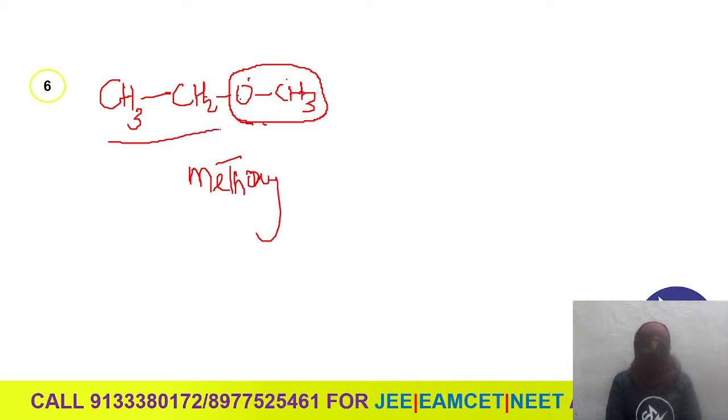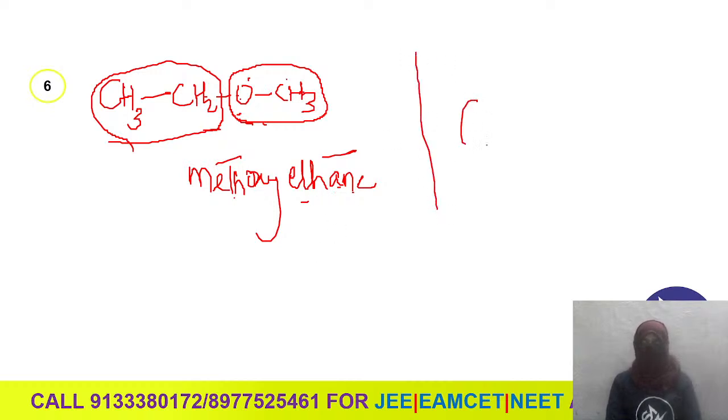Now the carbon chain which is longest, write it in the form of an alkane. How many carbons are there? 2. Eth, single bond, ethane. Hence the name of the compound is methoxyethane. Simply attach oxygen to the smallest chain, write it in the form of oxy, and write the rest in the form of ane. Let us practice a few more.